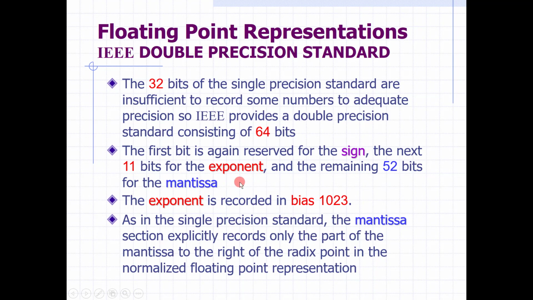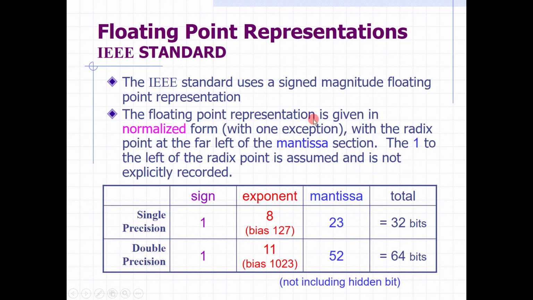They don't really fit on my PowerPoint screen, so I don't like to do very many double precision examples because 64 bits is quite a string. The exponent on 11 bits is recorded in bias 1023. So we'll use bias 127 when we have single precision and bias 1023 when we're in double precision. Basically floats and doubles.